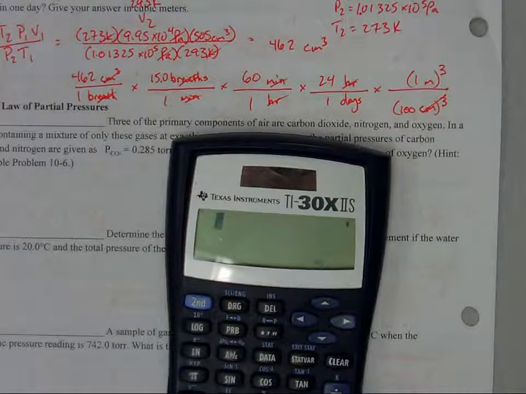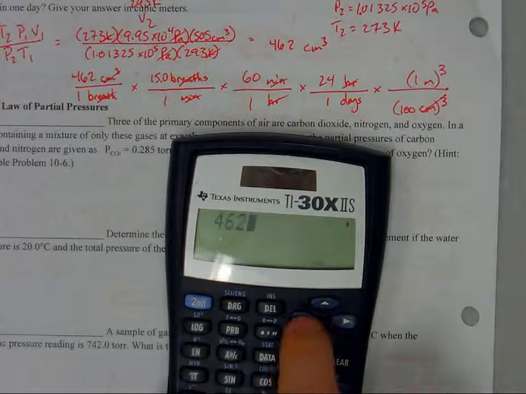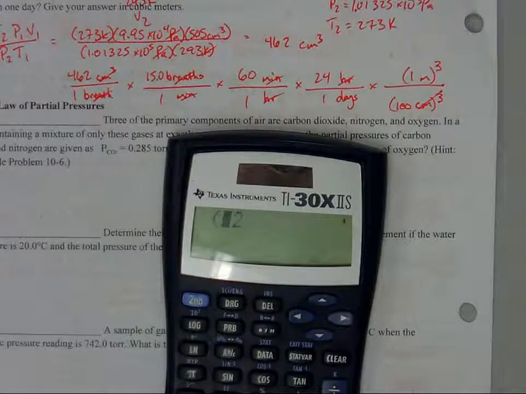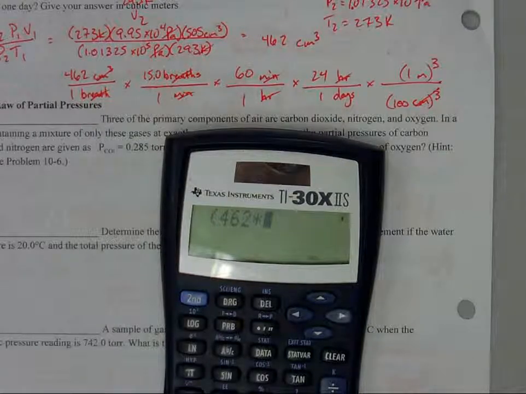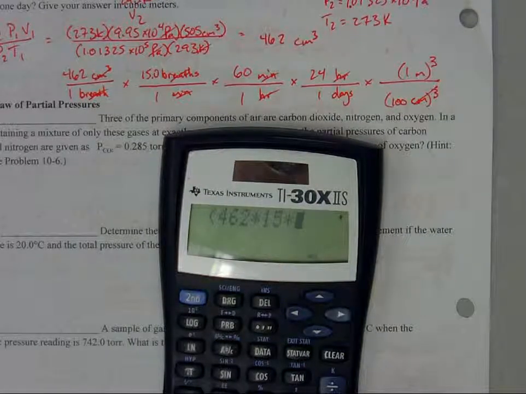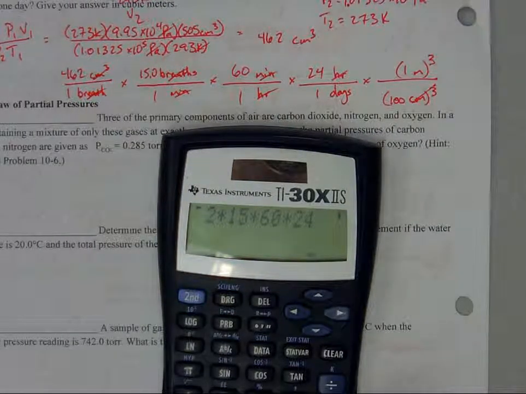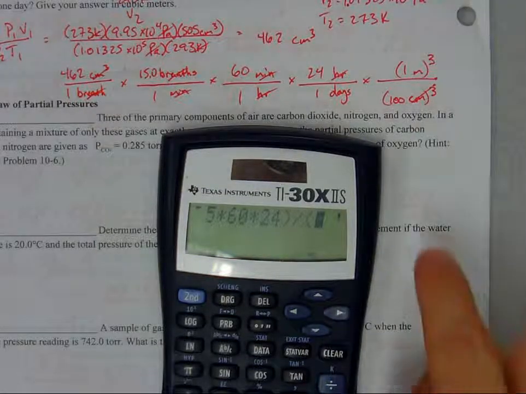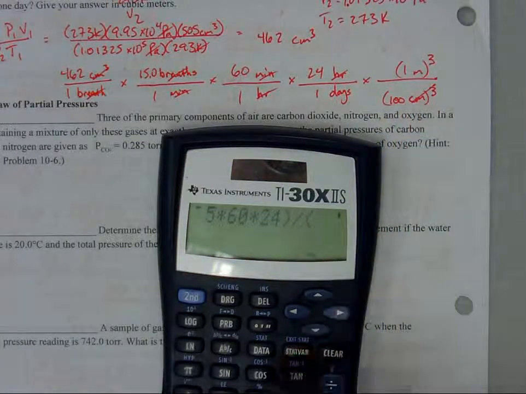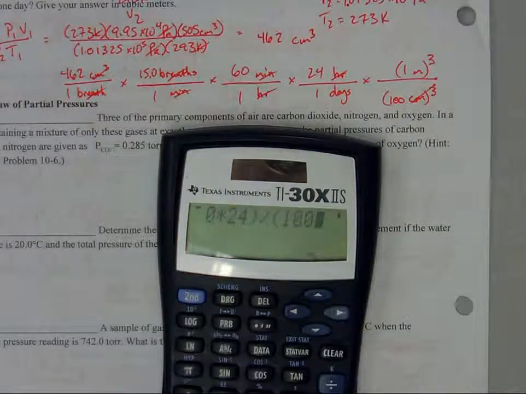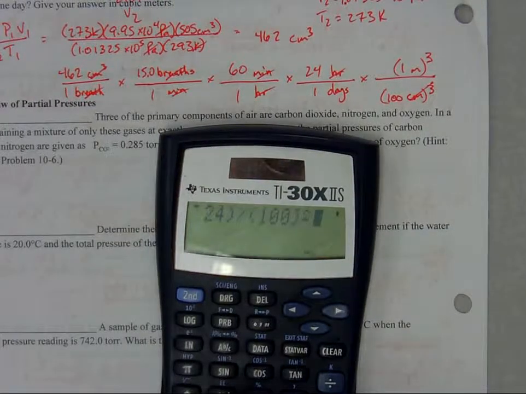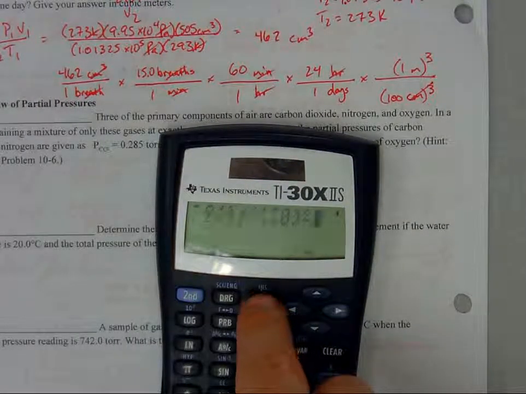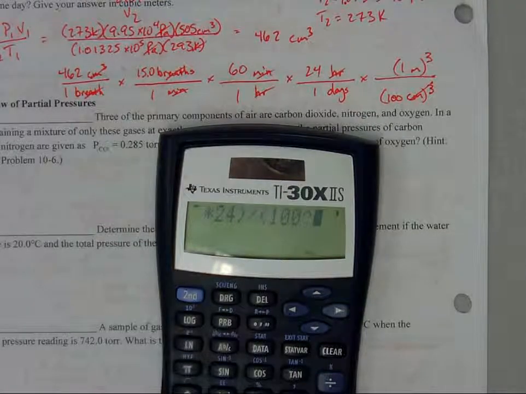So we have 462. Actually, let's get some parentheses in here. 462 times the 15 breaths times 60 minutes times 24. And now we're going to get to the bottom here, and it's going to be 100 in parentheses, cubed.